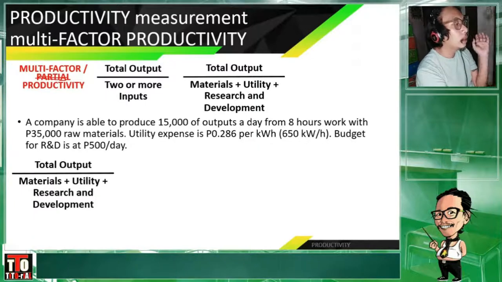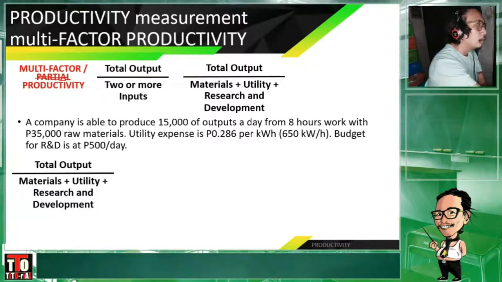This time, materials, utility, and research and development. But guys, I would like to emphasize that we could use different inputs for this. You just have to know what inputs you will use for the productivity formula, what we will measure in relationship with the number of outputs we have.